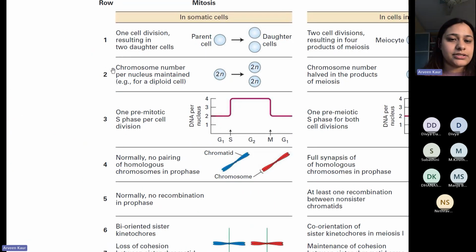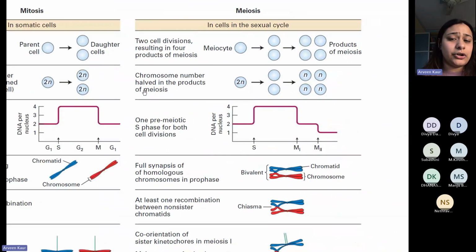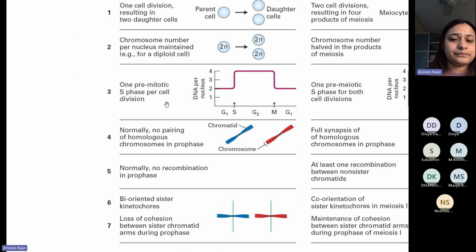Now, in mitosis, the chromosome number per nucleus is maintained. So when we start with a diploid organism, we receive two diploid daughter cells. But in meiosis, the chromosome number is halved, right? Because the first division is reductional division, the second is equational division. So 2n results in four haploid progeny, right?